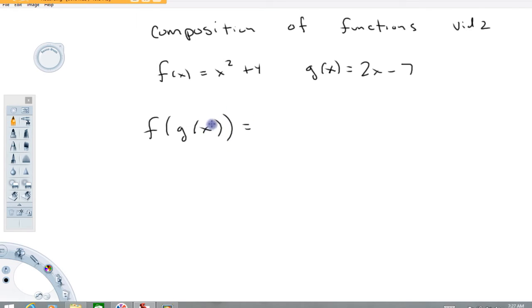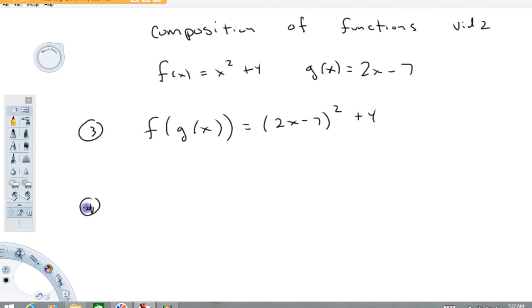What this means is we're going to take g and it's going to go in for x into this function here. So we take our function g, 2x minus 7, and it gets plugged into here, so that's going to be 2x minus 7 squared plus 4. This can be expanded out, but I'm not going to bother with that. This was example 3.